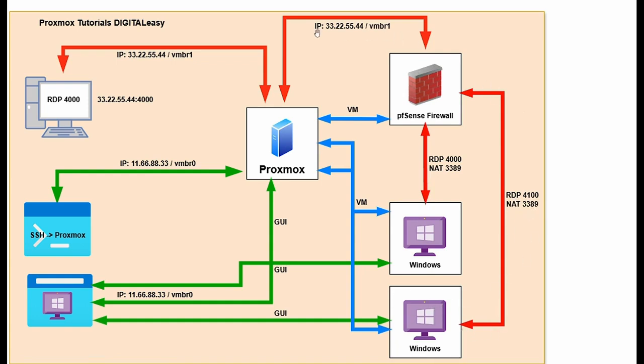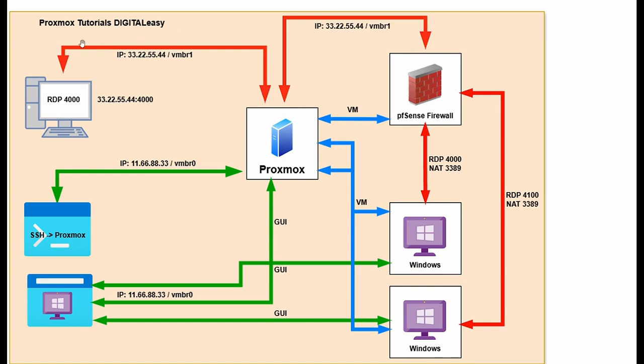If I now, from home, use the IP address connected to VMBR1 plus the RDP port of the machine I want, 4000, then the connection goes to the network card VMBR1 and continues to the pfSense firewall. The pfSense firewall receives port 4000. It knows, okay, port 4000 should be forwarded to machine 1, RDP, and bam, the RDP session is sent to me here.